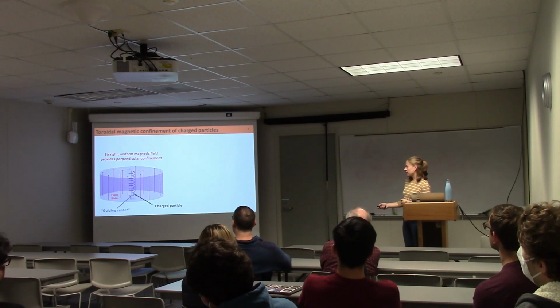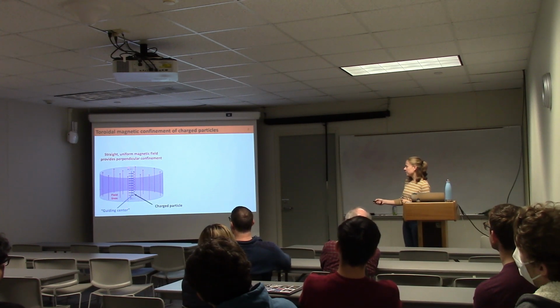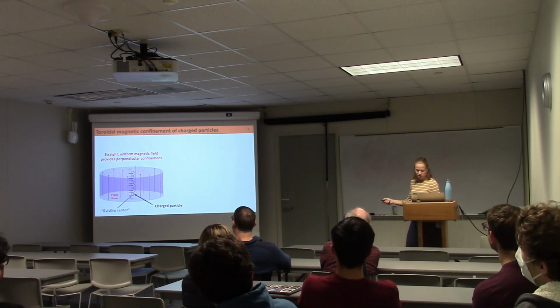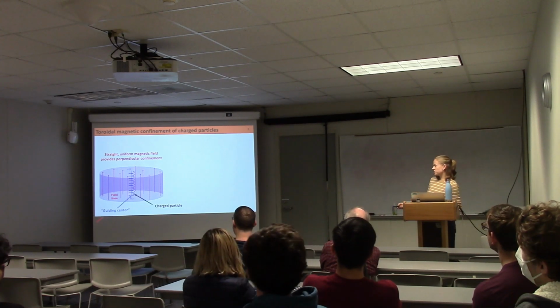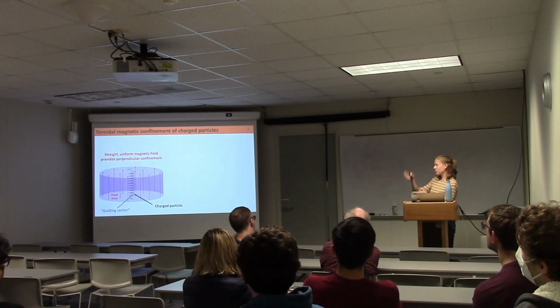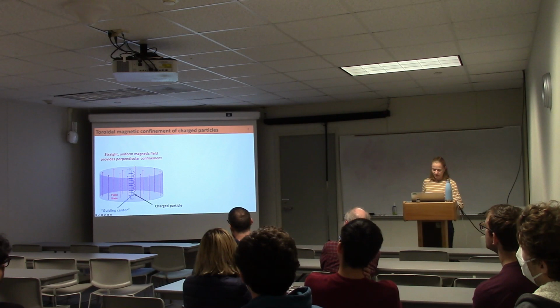And we call the averaged motion of this gyration the guiding center. So the guiding centers are going to be aligned with magnetic fields in this type of configuration. But the problem with just a straight magnetic field is that you can get the escape of particles out the ends. And so the naive approach would be to just close this into a torus.